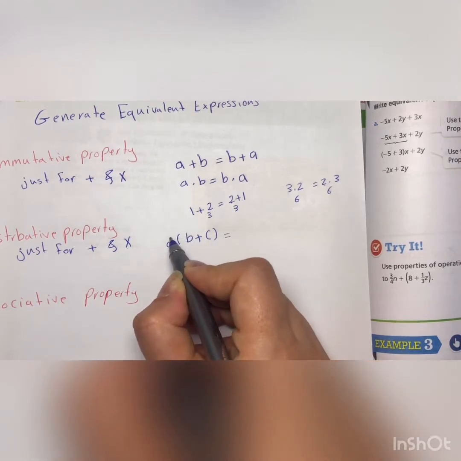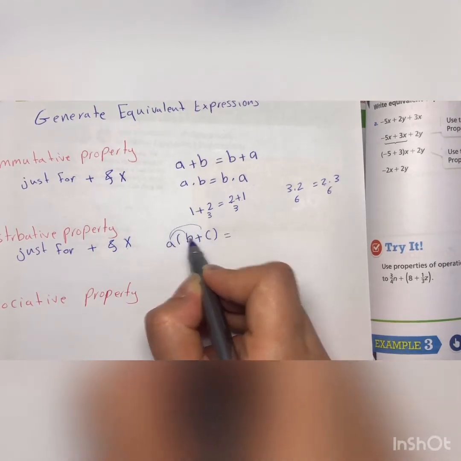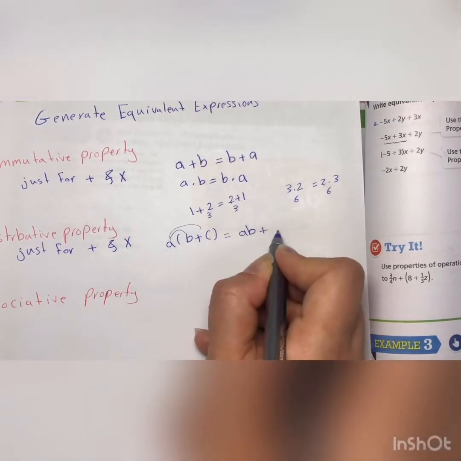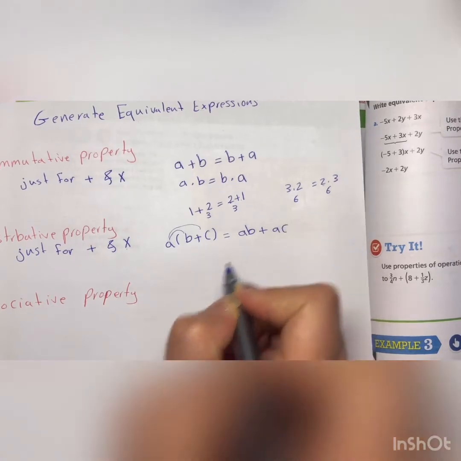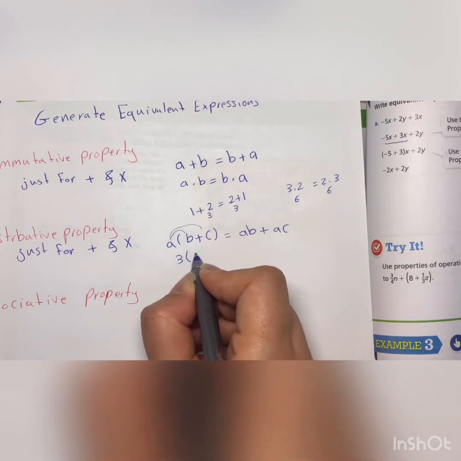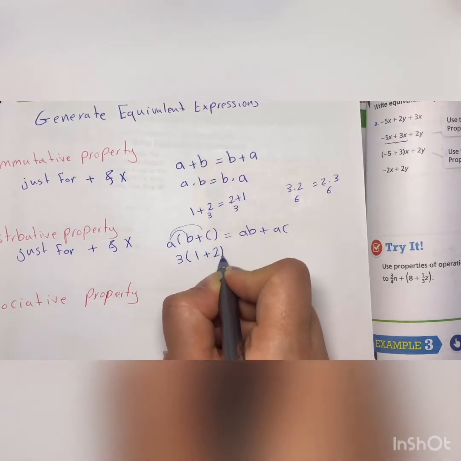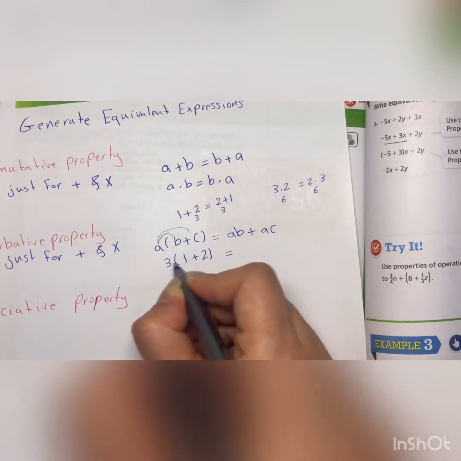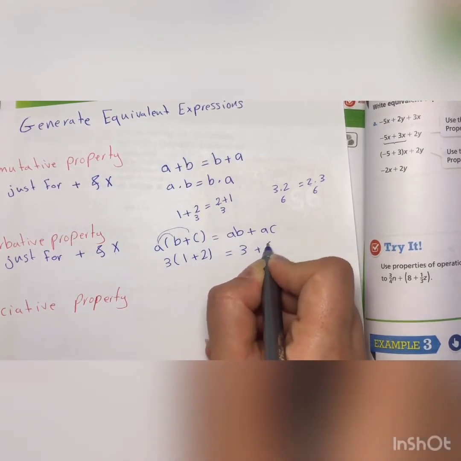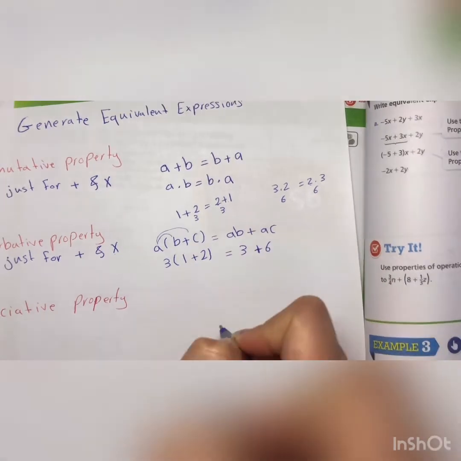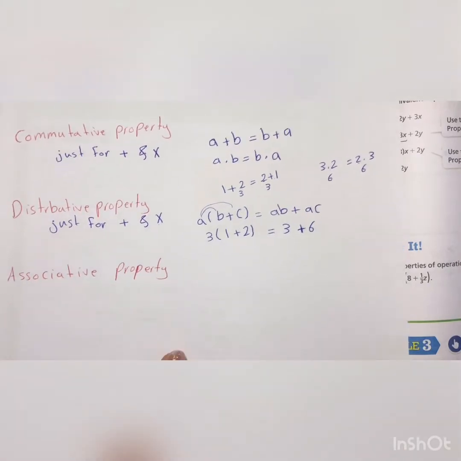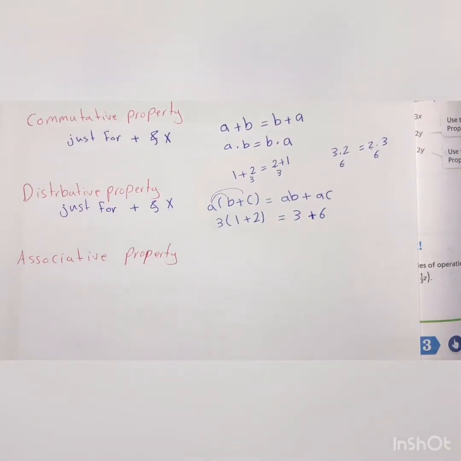That's equal to what? We multiply A by B, so it's AB plus AC. For example, if I have 3 times 1 plus 2, that's 3 times 1 equals 3, and 3 times 2 equals 6. That's the distributive property.